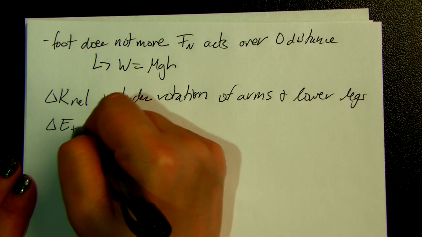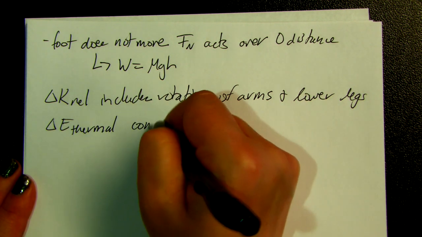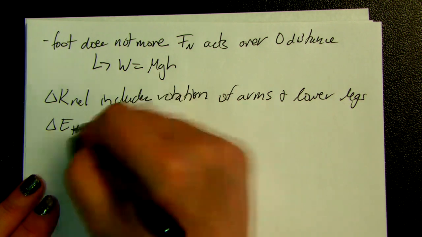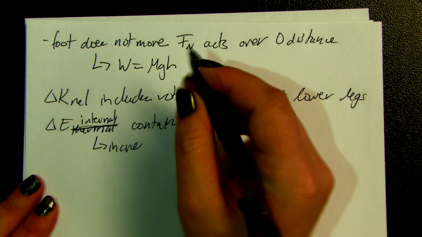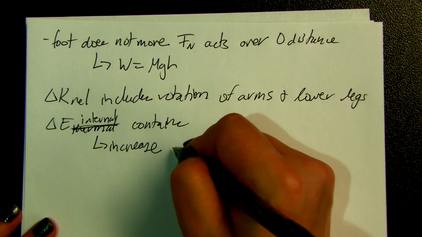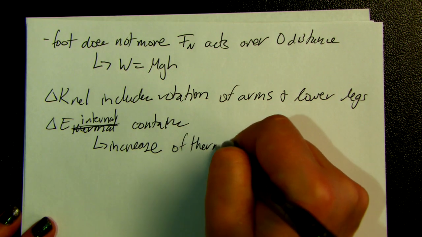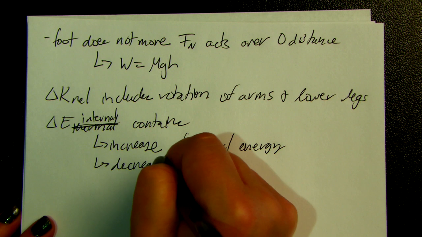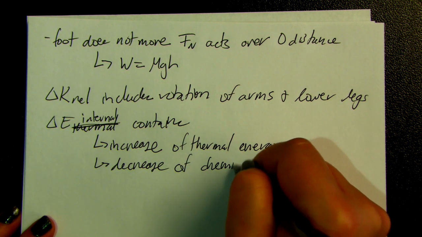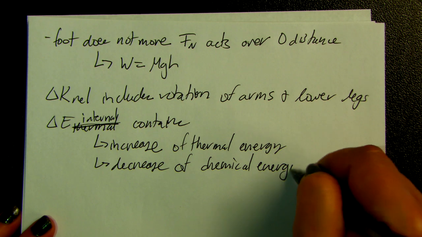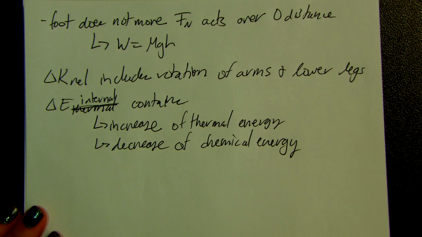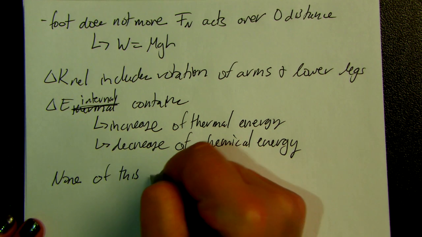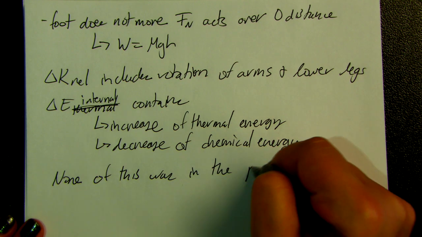Delta E internal contains an increase of thermal energy and a decrease of chemical energy. So when you jump, you get hot and you burn calories. There you go. And none of this was in the point particle model.